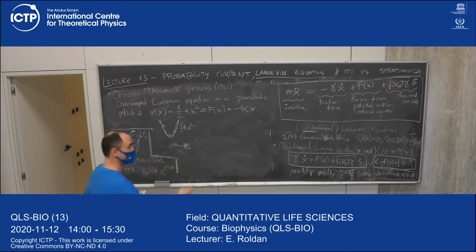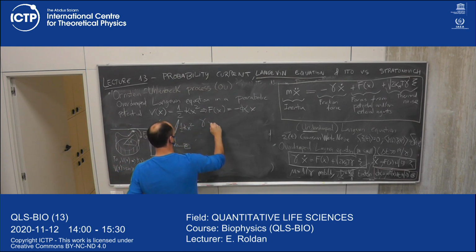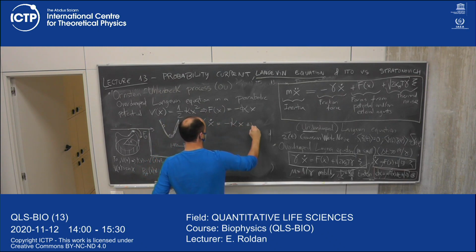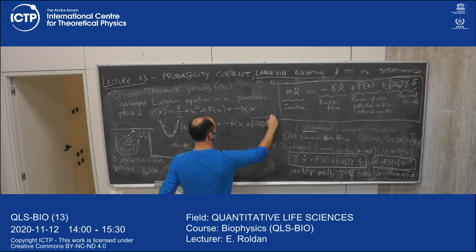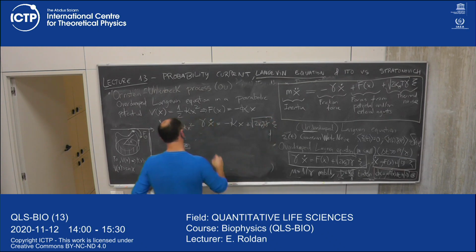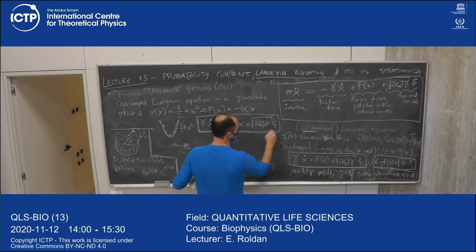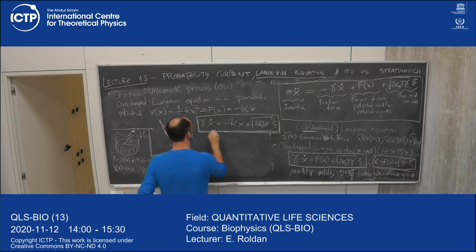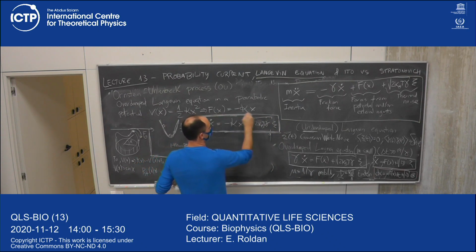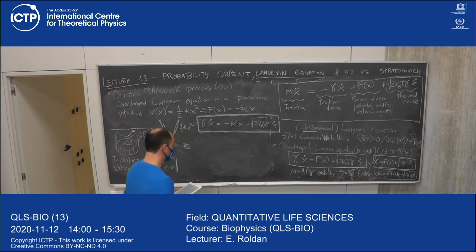So the equation is like that: gamma x dot equals minus kappa x plus square root of 2 kBT gamma noise. This is the Ornstein-Uhlenbeck process. The Ornstein-Uhlenbeck process has a lot of nice properties.